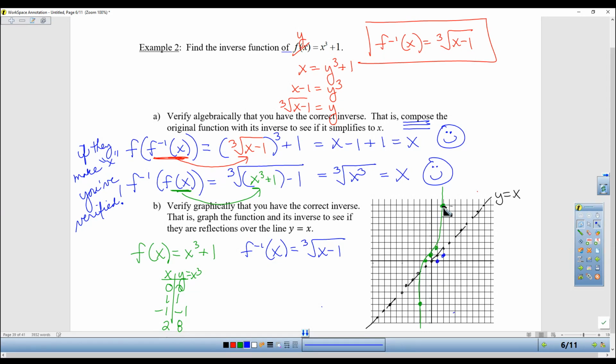This is 2, what is that? 9, so I'm going to do 9, 2. This is negative 1, 0, so I'm going to do 0, negative 1. And this point is negative 2, negative 7, so I'm going to do negative 7, negative 2.